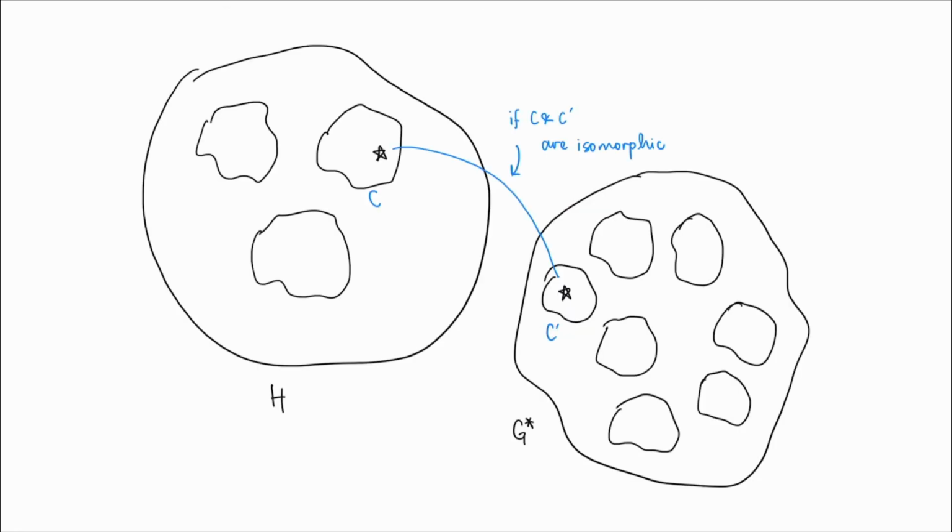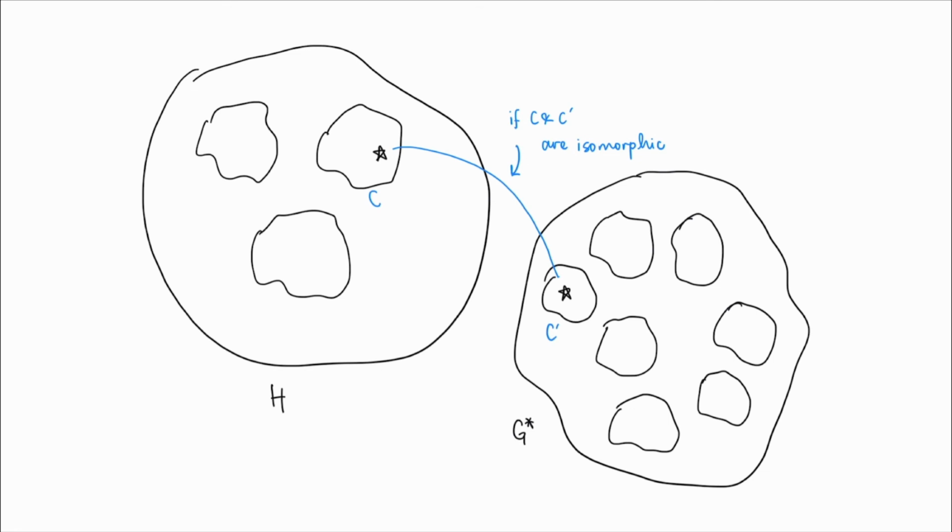So this bipartite graph is going to have of course two groups of vertices. On the one hand we will have vertices that represent the components of H, and on the other hand we will have vertices that represent the components of G. Actually, I shouldn't really be saying G. This is going to be G with the blue edges removed. So let's denote that by G star.